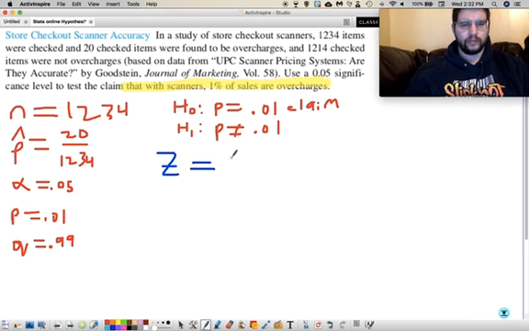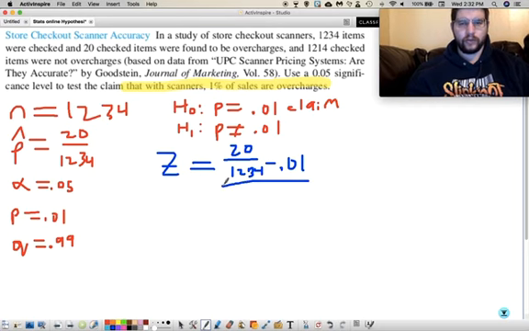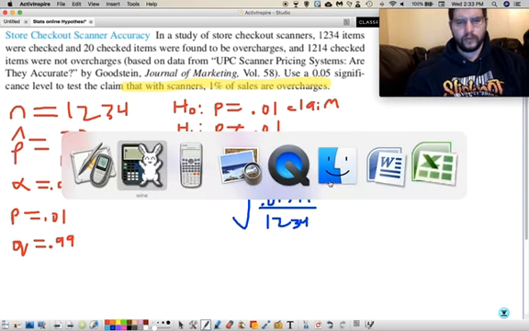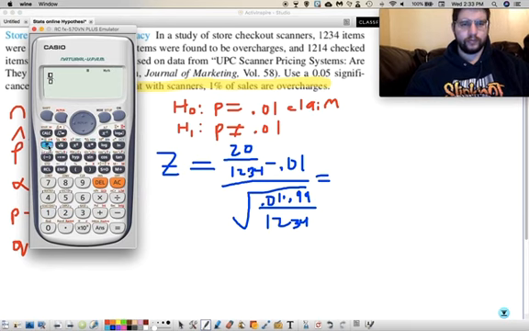So our test statistic: 20 over 1,234 is P hat, minus P, over the square root of P times Q over N. So I'll go down to the Casio. 20 over 1,234 minus 0.01 over the square root of 0.01 times 0.99 over 1,234. 2.19. So I'm going to store that. 2.1916.